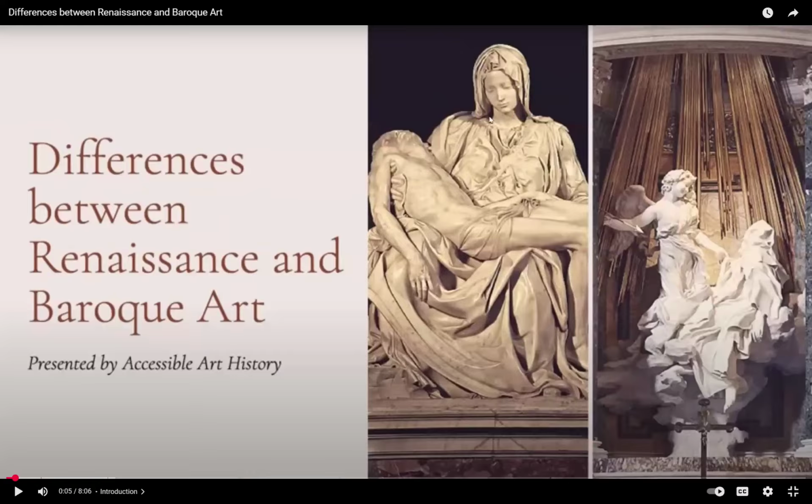On the left, we have a Madonna and her dead son, very dead Jesus. This is an example of Renaissance work where there's a lot of detail, but she is in repose.